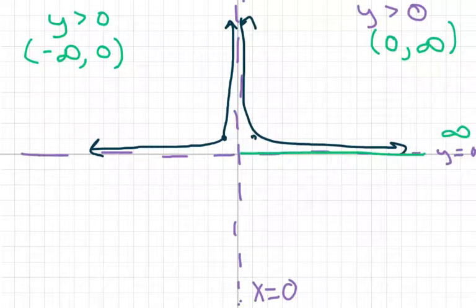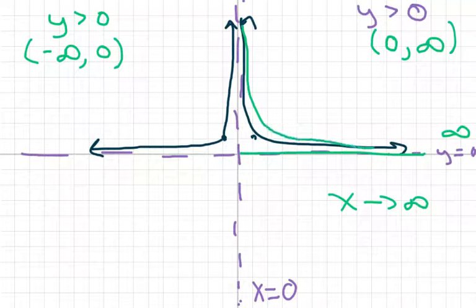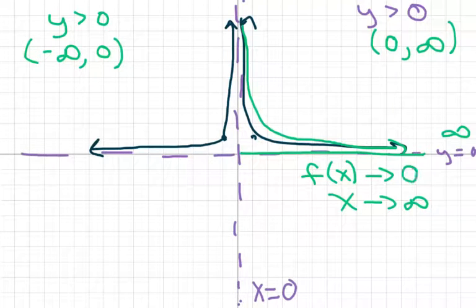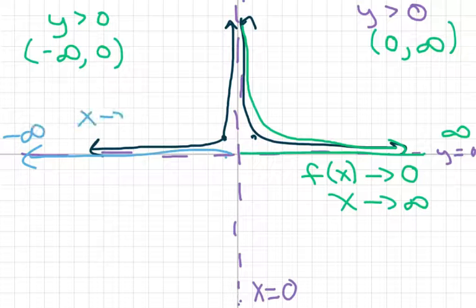All right, and if you talk about end behavior, I'm just going to look at what's going on as x approaches infinity in this area. What's going on with the y? Well, the y, or your f of x, is getting closer and closer to 0. And if I look over here, as x goes to negative infinity, what's going on with the y?